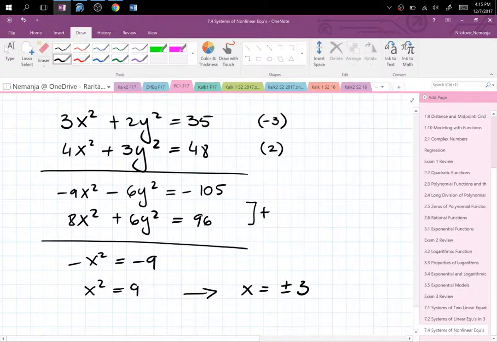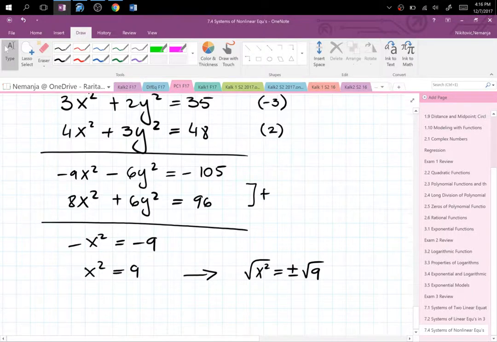So when you square root this, I'm going to write that step in. Square root of x squared is equal to plus minus square root of 9. When you are square rooting both sides, you must put plus minus. So you are getting x equals 3 and x equals -3. Two solutions. Now you are going to bring 3 into any equation.